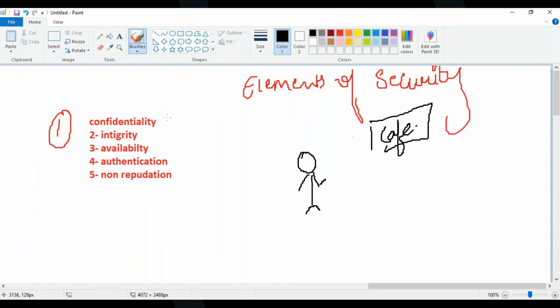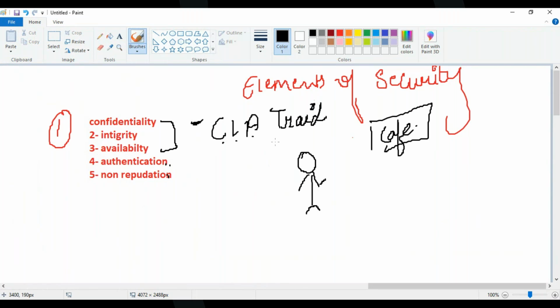And see, there are three main ones that are also called CIA. Even though the others are also main, it depends on which applications we are applying these elements to. This is also called the CIA triad, right?